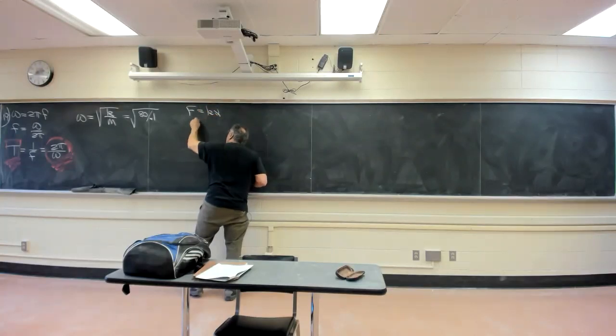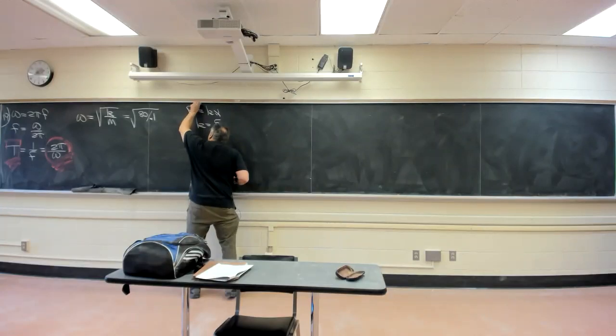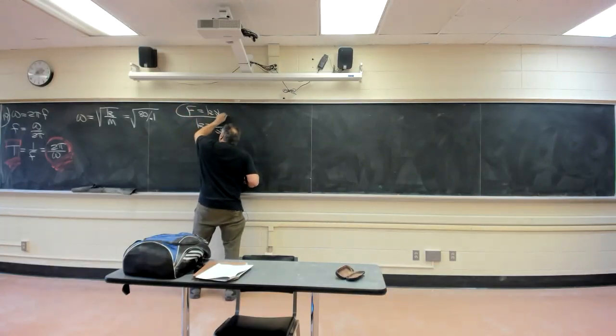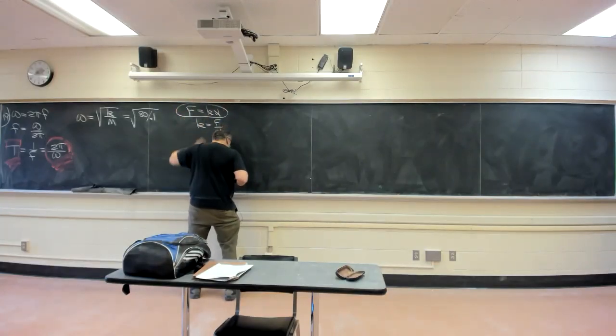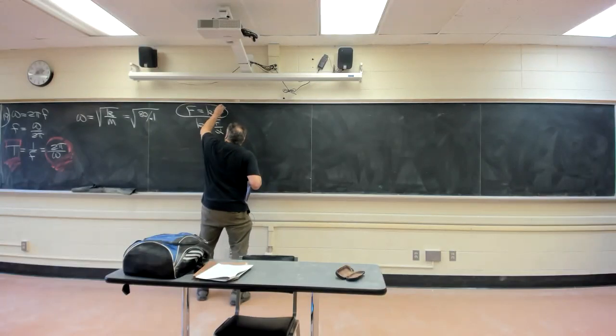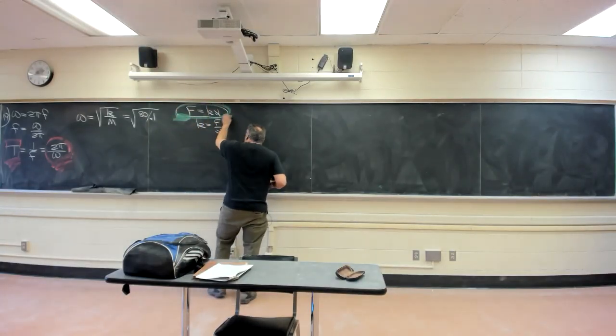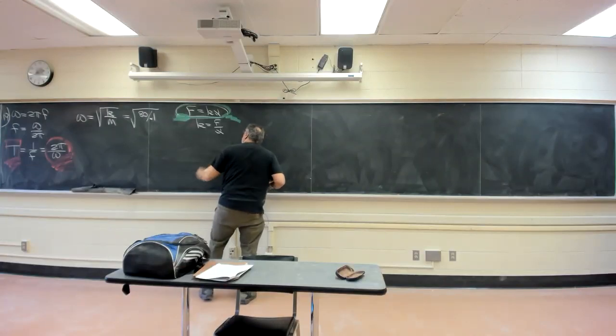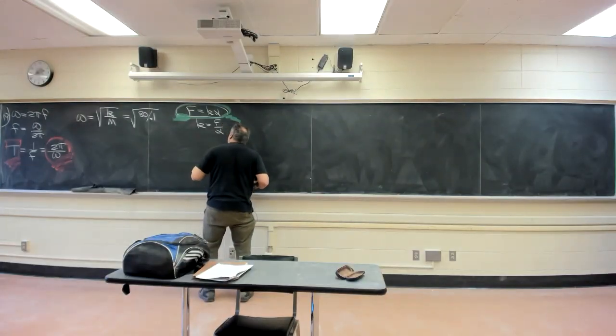If you want to find what k is equal to, it's f over x. If f equals kx, divide by x on each side, and k is equal to f over x. Well, this is 80 divided by 0.1.